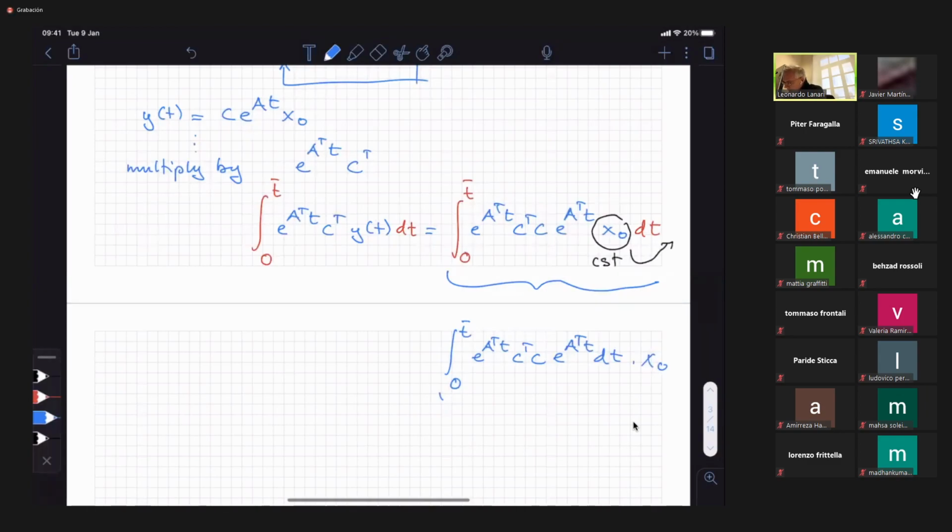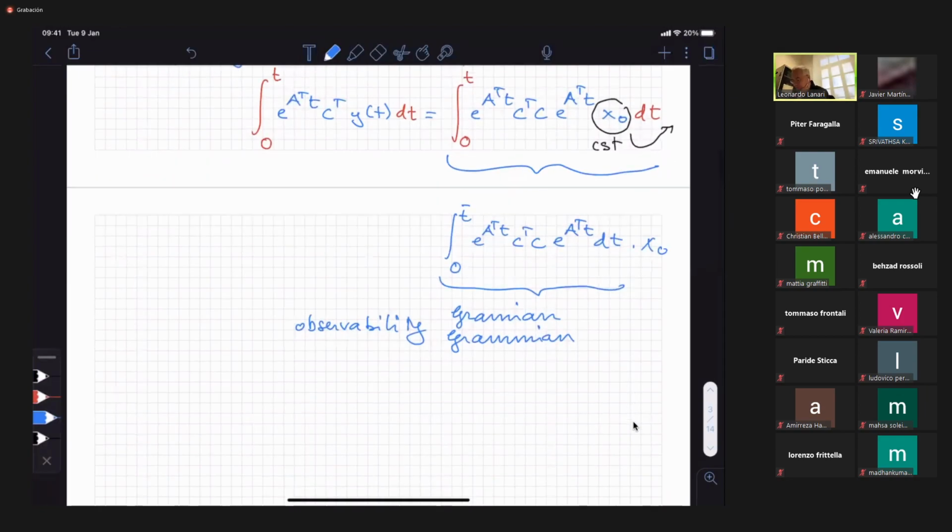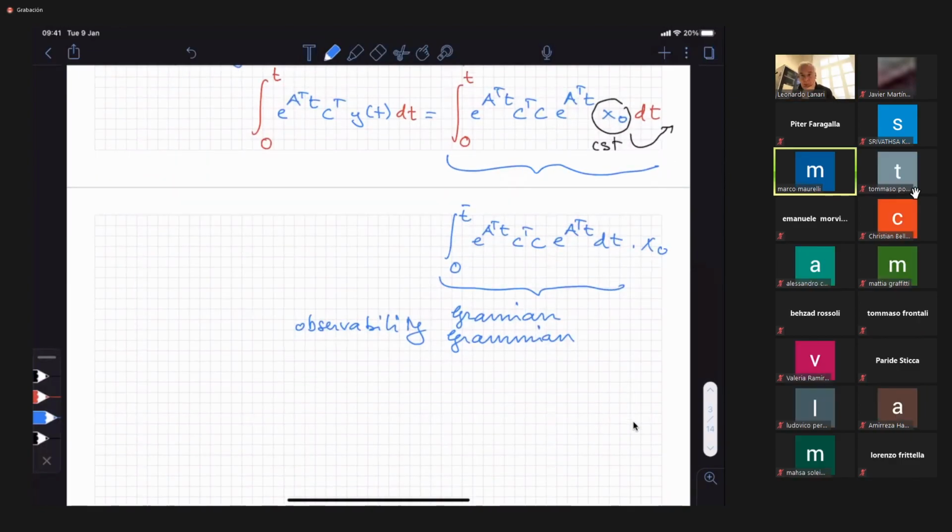Now this is a very special matrix which is called either Gramian or sometimes with double N. You can find both of them, and in particular this is the observability Gramian.